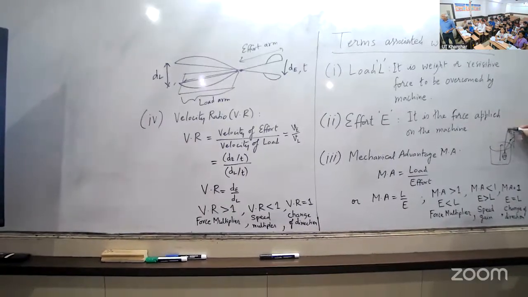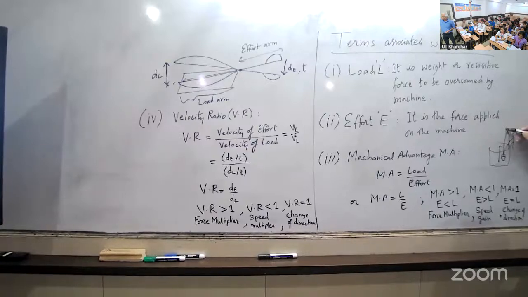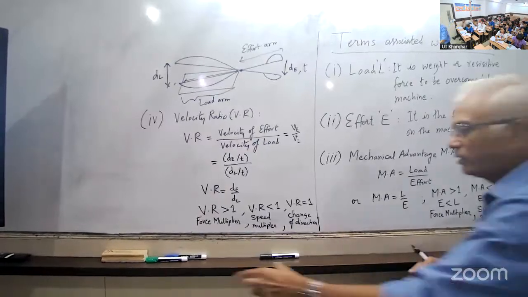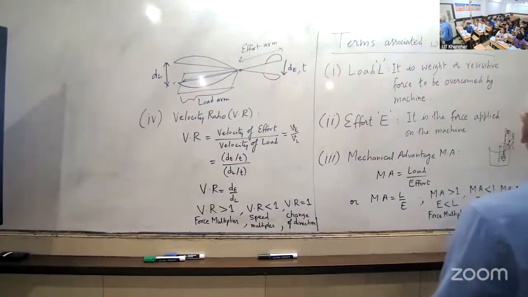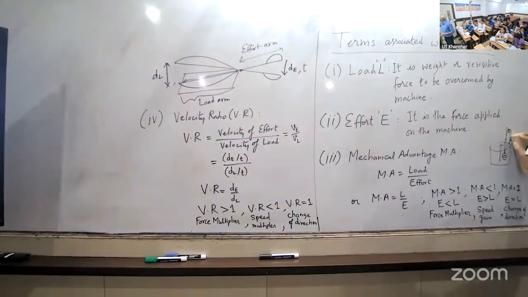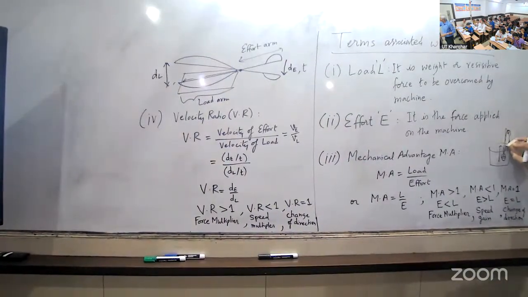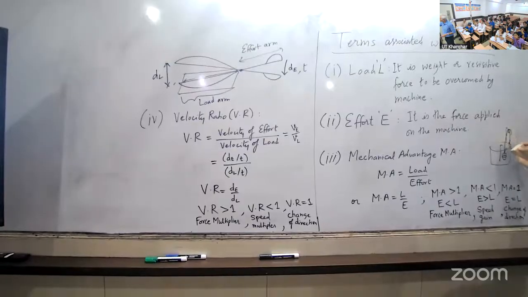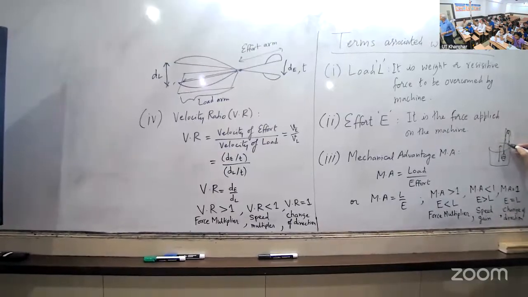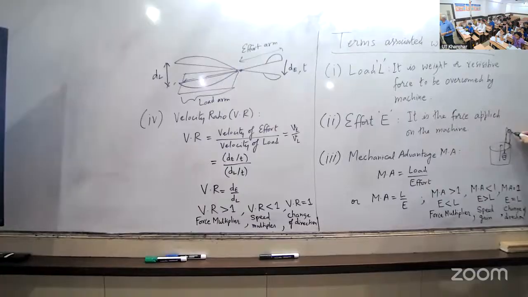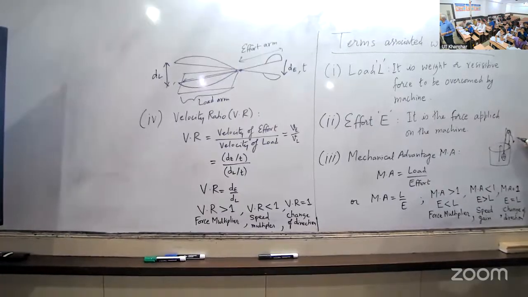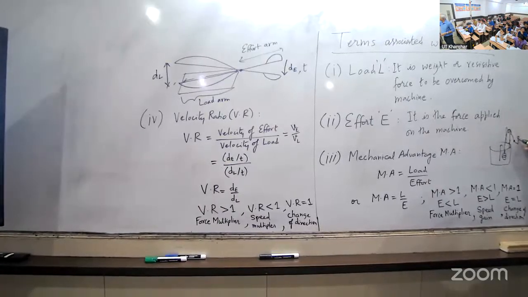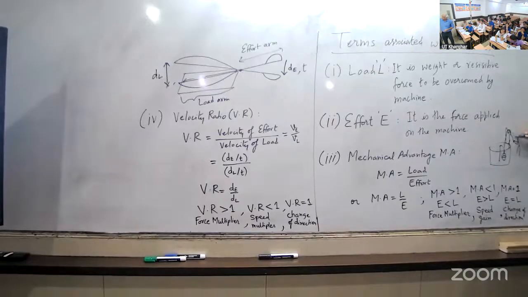Let's say we have a pulley over here. Now how is the effort applied? Now the effort applied is over here. So it is not convenient. Now effort is in this direction.